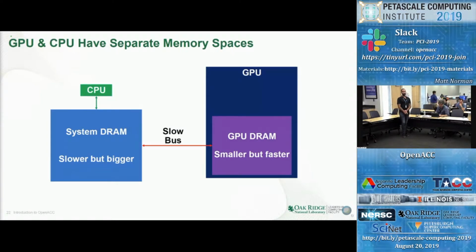But the GPU memory has a much higher bandwidth, but it's usually a fair amount smaller. For a lot of applications, the reason the GPU outperforms the CPU is almost entirely owed to the fact that you can access DRAM faster. There's a larger bandwidth, a thicker bus going between the compute cores and the memory.